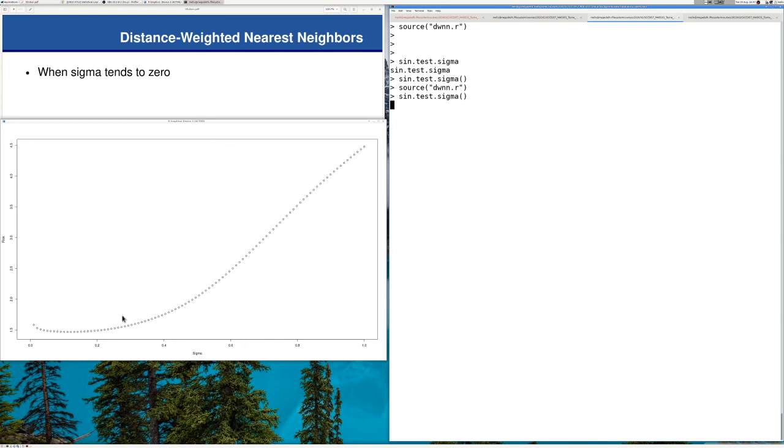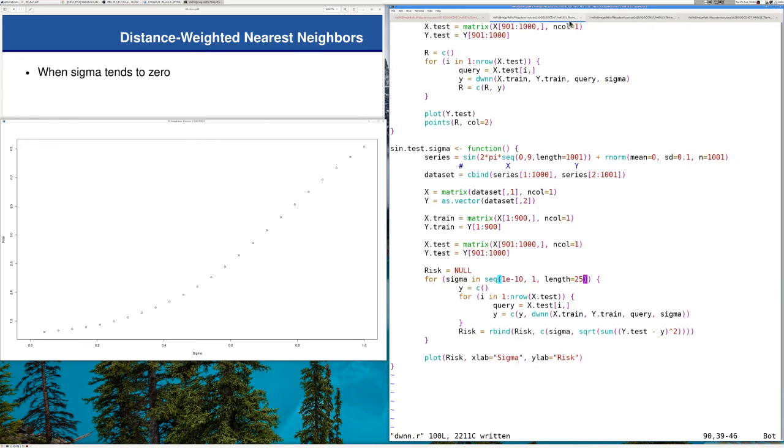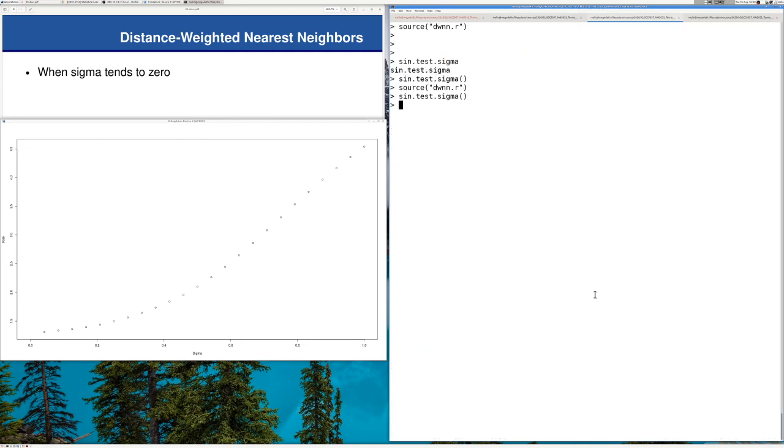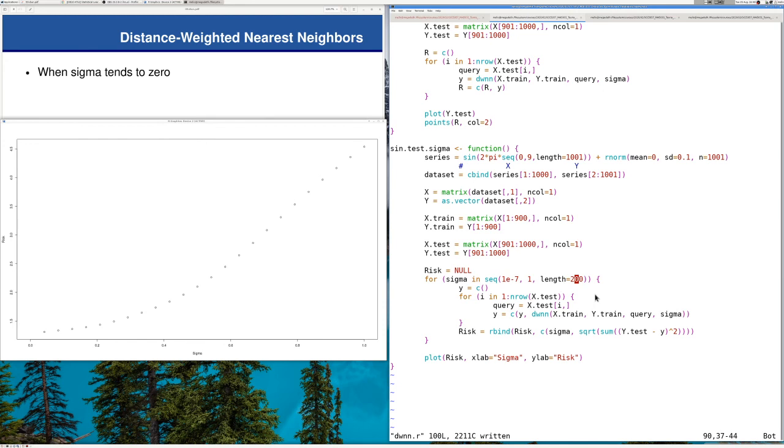So let's use fewer values for sigma. That's not so beautiful, guys. You know why? Because over here I'm getting some not-a-numbers, and not-a-numbers don't work properly. We're better with more numbers here, and maybe working just from 1e-7 as we were before, but with more numbers.